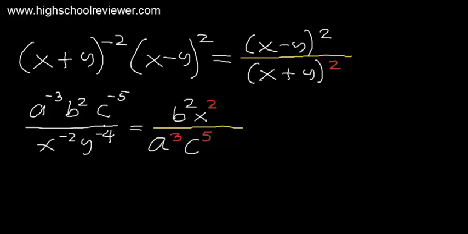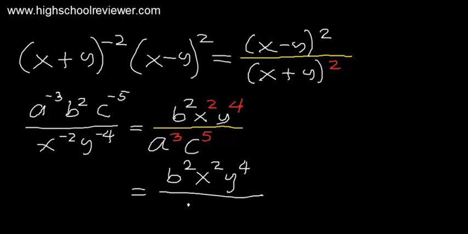Y here has a negative exponent, so from the denominator it will now go up to the numerator, and from negative 4 the exponent now will become positive 4. So therefore our final answer here will be b squared x raised to the power of 2 y raised to the power of 4 all over a cubed and c raised to positive 5.